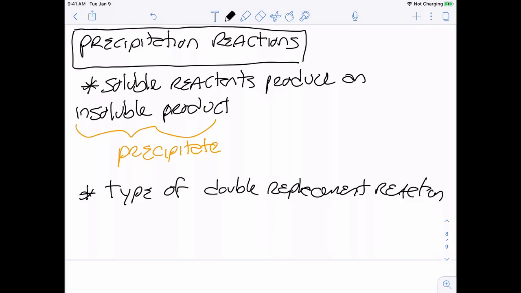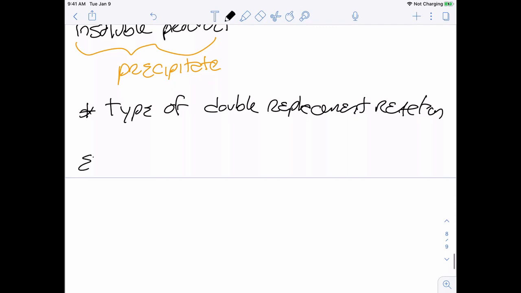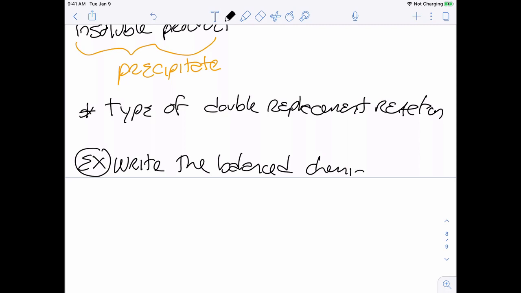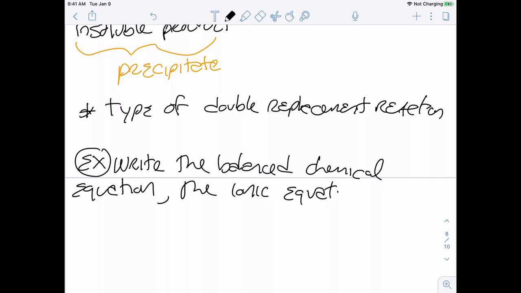So our example, we're going to write the balanced chemical equation, the ionic equation and the net ionic equation. I know I haven't defined ionic equation and net ionic equation yet, but I will do that as we go through the example. When we get to that part, I'll explain what it is.